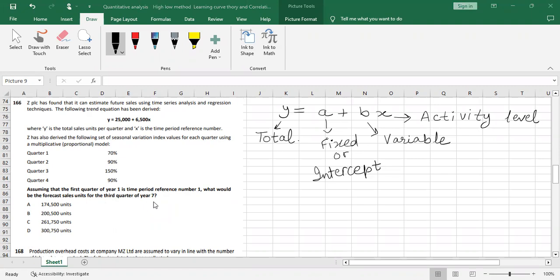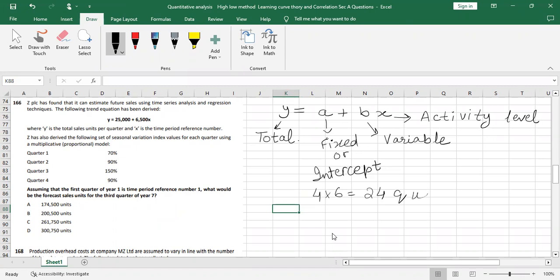Calculate carefully. You have 4 quarters in each year. So first we have 6 years. If you have 4 quarters in each year, 4 multiplied with 6 years means 24 quarters for the first 6 years.